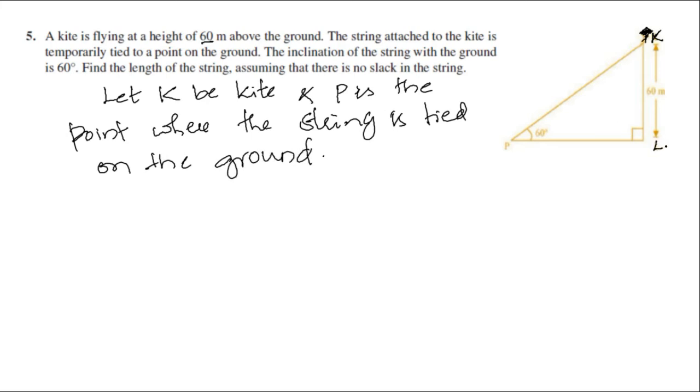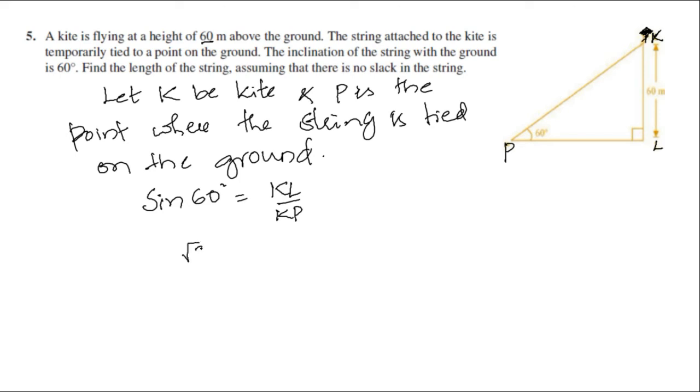Let me represent another letter here, L. In this triangle KLP, we have sine of 60 degree equal to KL upon KP. The length of KL is known, it is 60.